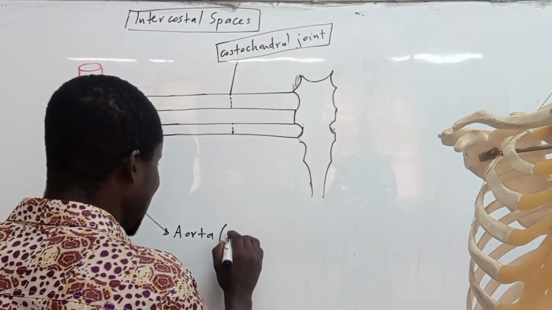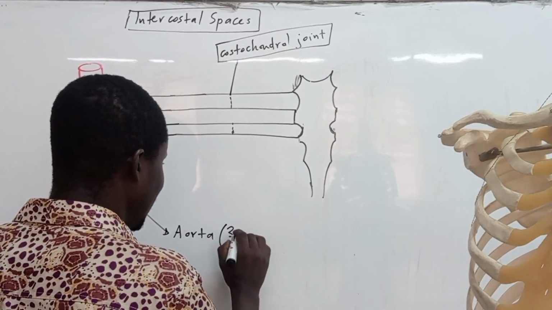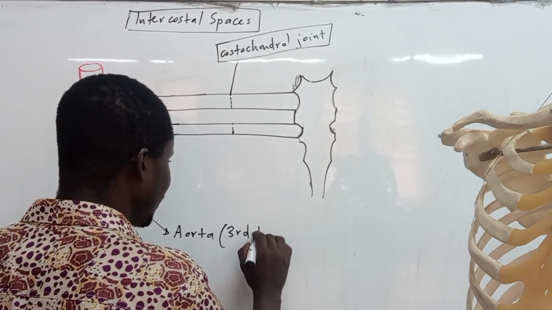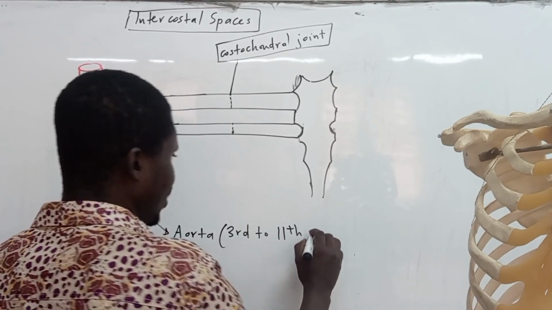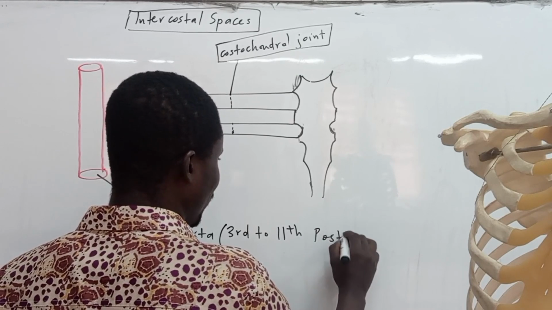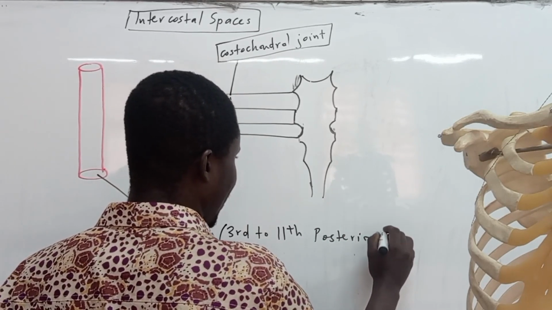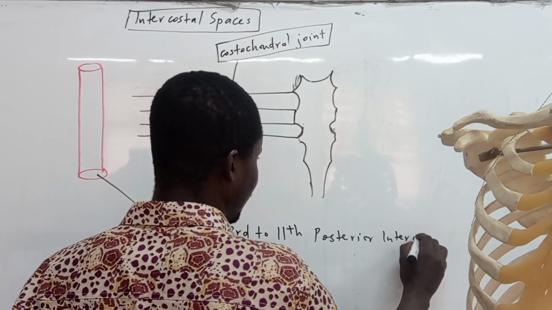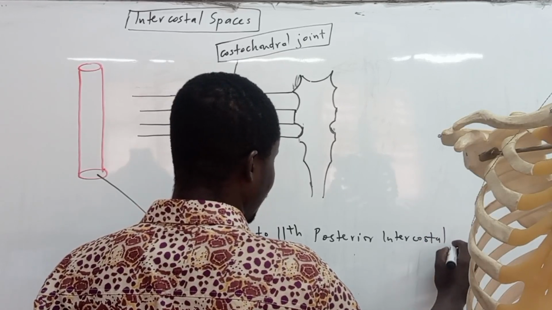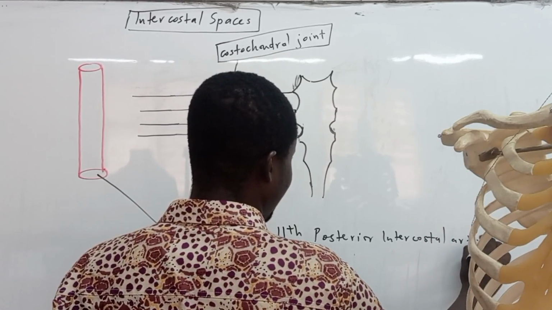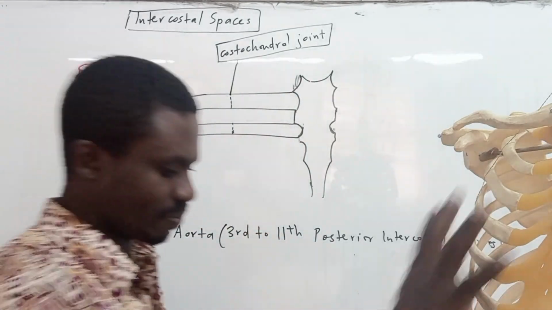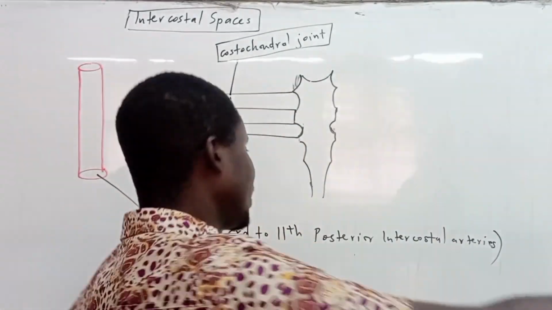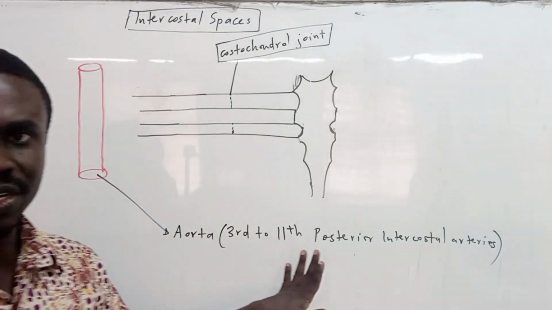I want you to know that the third to the 11th posterior intercostal arteries will be giving off all these branches, third to that of the 11th.